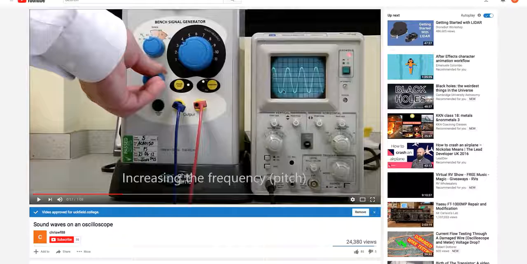Now, this looks like a transverse wave. It isn't. What's happening is that this machine, the oscilloscope, causes a bright spot to move across the screen. And the signal generator makes the spot move up and down at the frequency that's set on here.